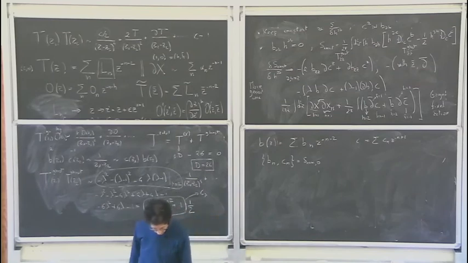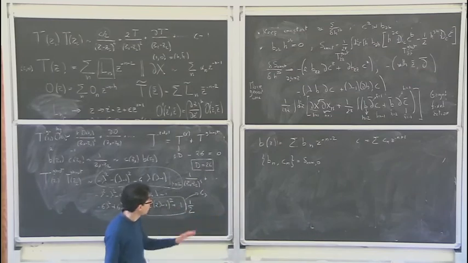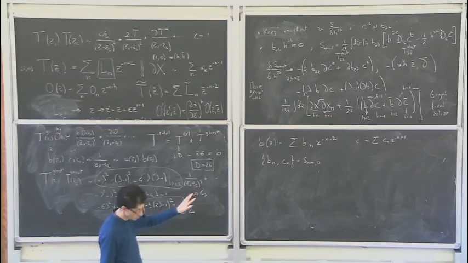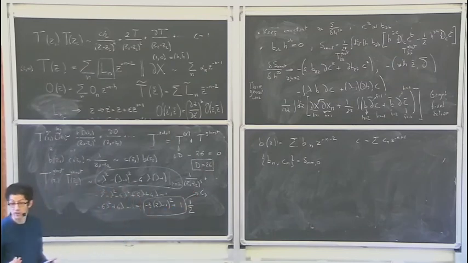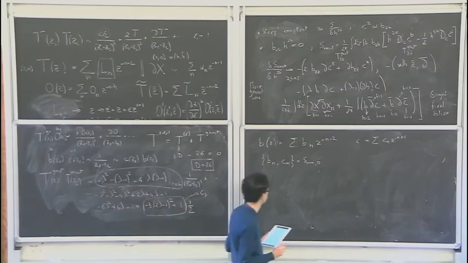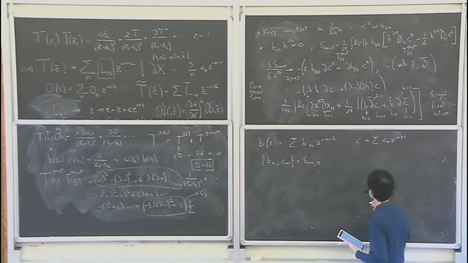Now, this commutation relation tells you that there is a bit of a subtlety in defining what the vacuum of the Fock space is. Now let me show you where the issue is.